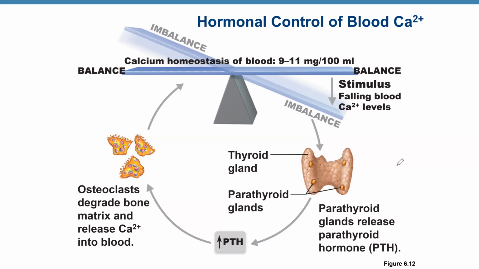So they work as in a balance. However, parathyroid is the major hormone that regulates blood calcium level. So I would say the parathyroid is more important than the thyroid gland in calcium homeostasis.